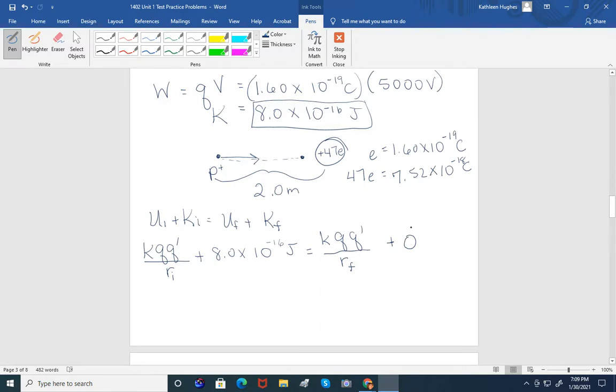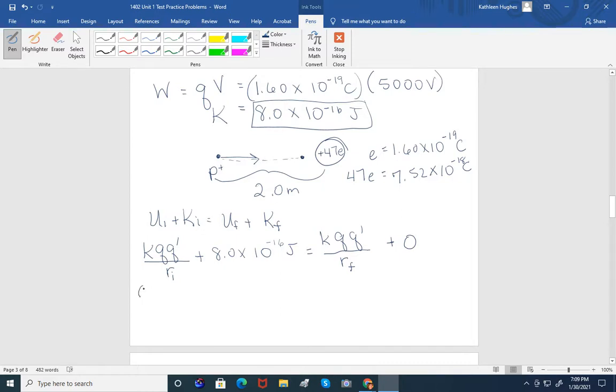So let's look at how much potential energy it even had to begin with. Even though 2 meters may not sound that far apart, that's really far apart. The potential energy for these small particles is probably going to be almost 0, even though it's not infinity. It won't be 0 until R is infinity.